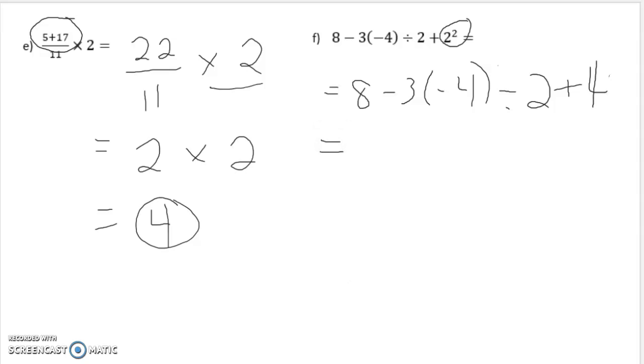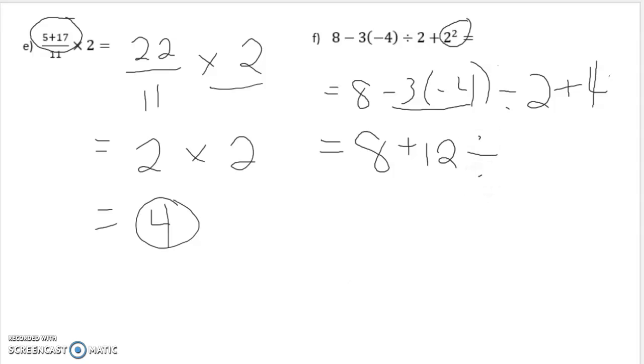Now we have multiplication and a division, but because multiplication comes first from left to right, we're going to do that first. So 8 stays the same, but we have negative 3 times negative 4. Negative times a negative is a positive, and then 3 times 4 gives us 12.